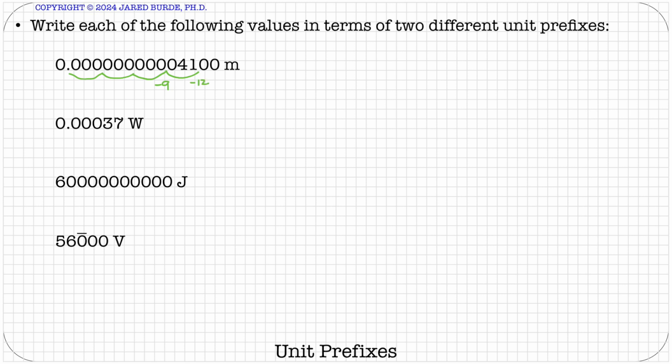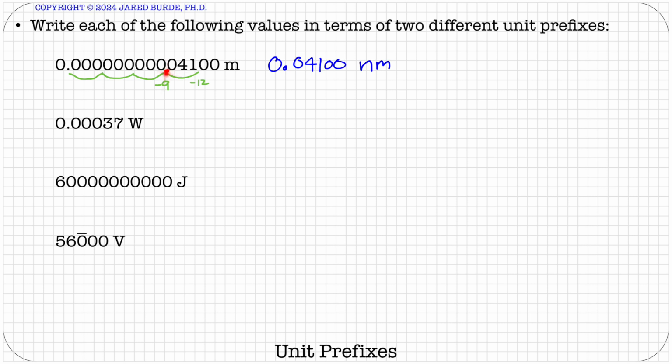So my two possible places to put my decimal point would either be here, and in that case I would have 0.04100. 10 to the -9 would be nanometers. Whatever unit I have here stays there. The little n there represents the 10 to the -9 that I have.